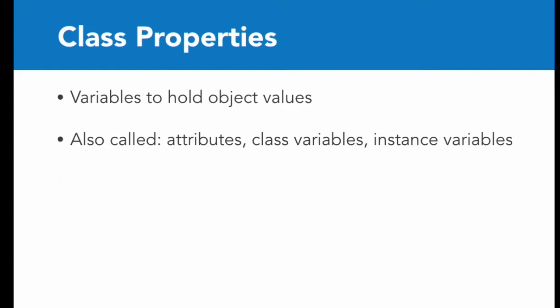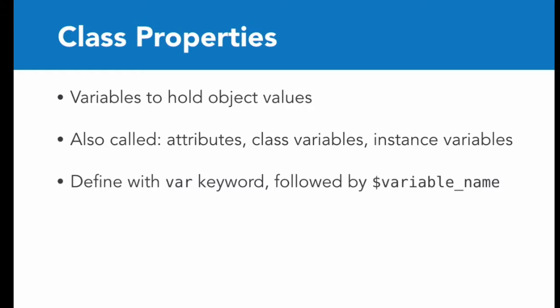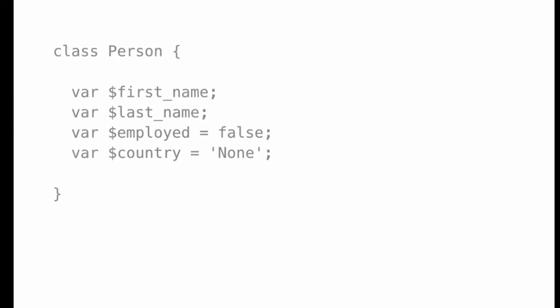The way that we define properties is with the var keyword followed by the variable name that we want to use. And our variable name follows all the normal variable naming rules. We also have the ability to set an initial default value for each property. Let's see an example. Here I have a class person, and inside there are 4 properties being defined: first name, last name, employed, and country.